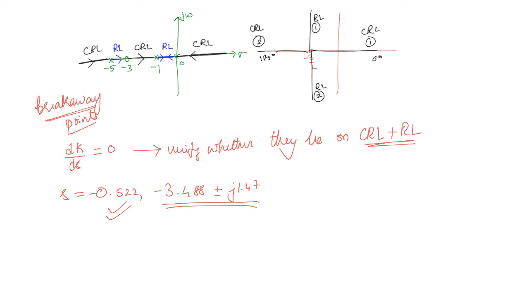So the root locus has one breakaway point, but the CRL does not have any breakaway point for this example. Since there are no breakaway points for the CRL, its construction is already complete.